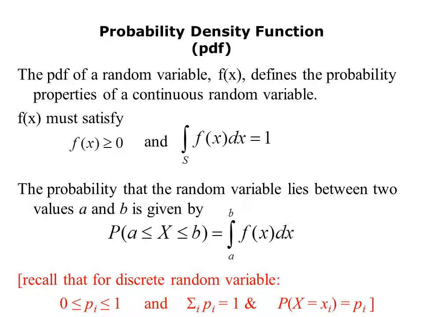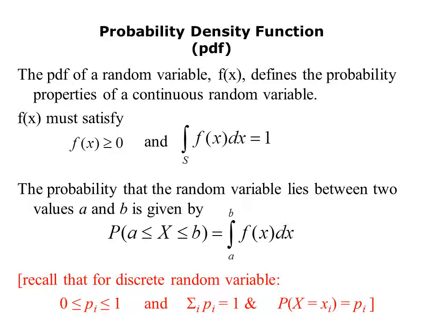Whereas, remember, for discrete variables, as shown in red at the bottom, all our probability lumps had to be between 0 and 1, and when you summed all those lumps, you would get to 1, and we did have probabilities of equality only, because when you're dealing with whole numbers, you care about exact values.